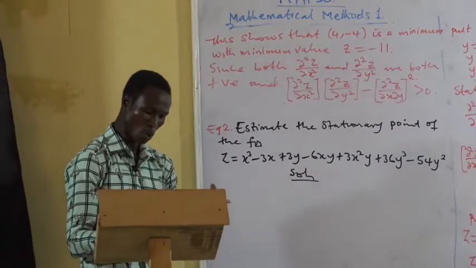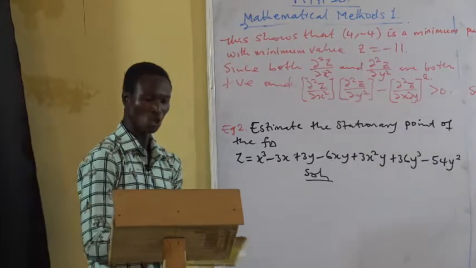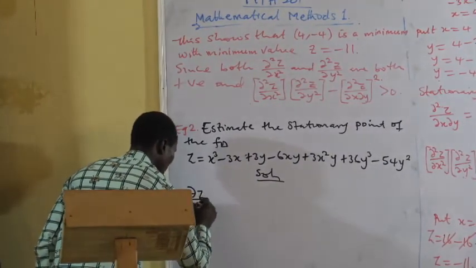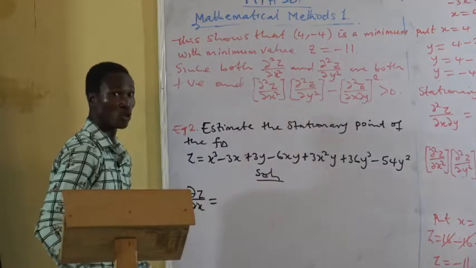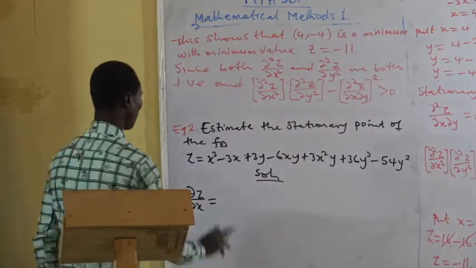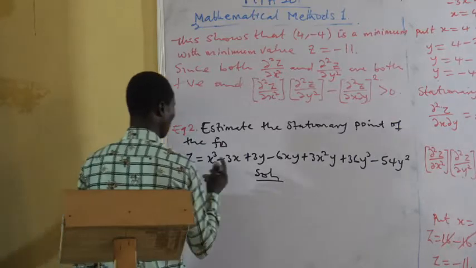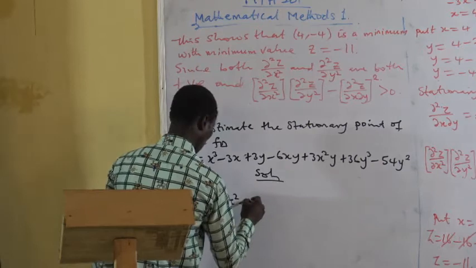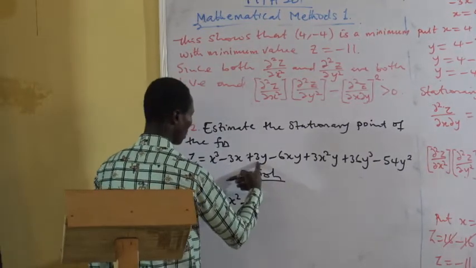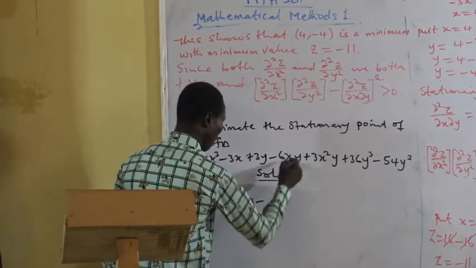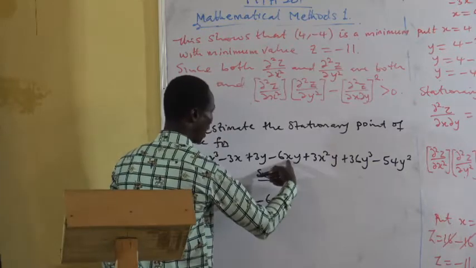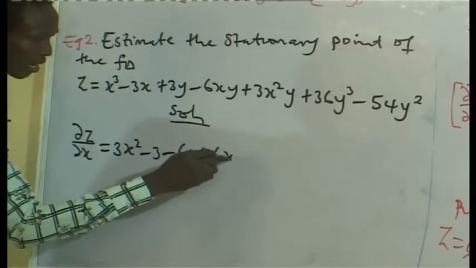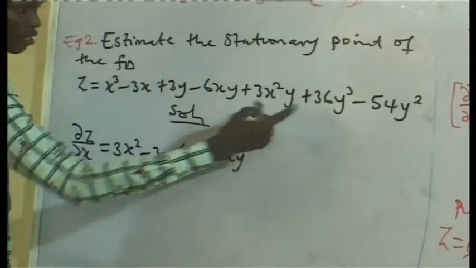The first thing I will do is to differentiate this function, the partial derivative with respect to x. Don't forget, I want to do just the stationary point. With respect to x, I will get 3x squared minus 3, this one will be 0, minus 6y plus 6xy, and the rest will be 0.